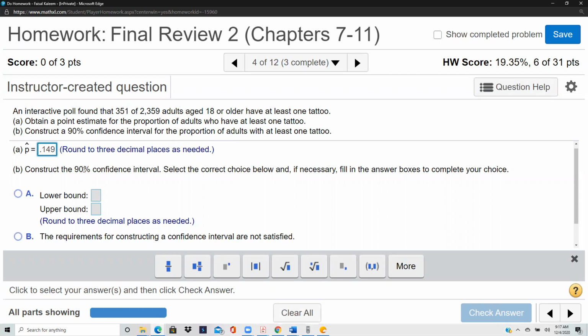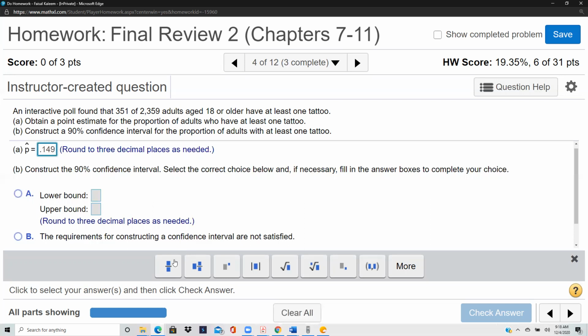So now for the confidence interval, we will do proportion stats because they say construct a 90% confidence interval for the proportion in part B, right? So now we use proportion stats.